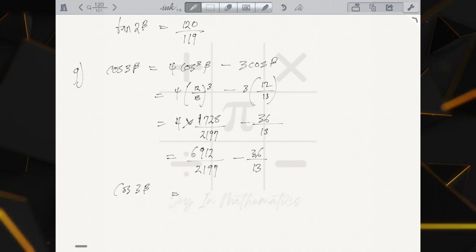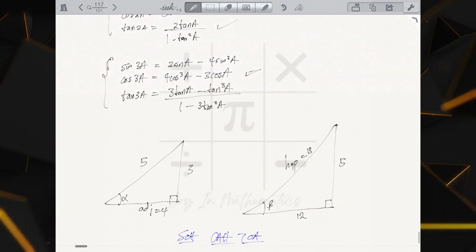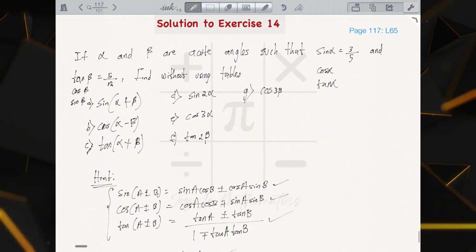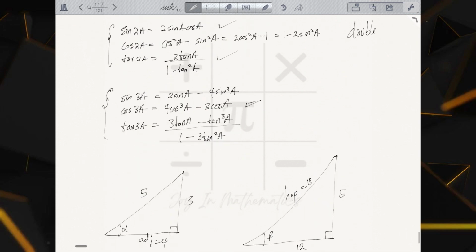We have that cos 3 beta equals 828 divided by 2197. So we can see the beauty. We evaluated all forms of questions using the sum and difference identity. We used the double angle identities and also the triple angle identities.